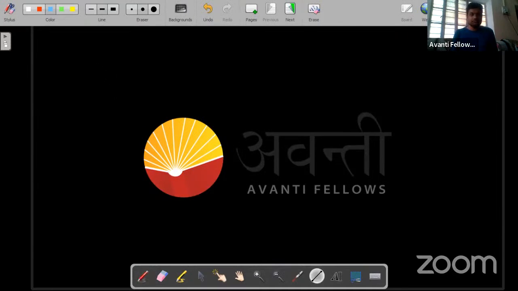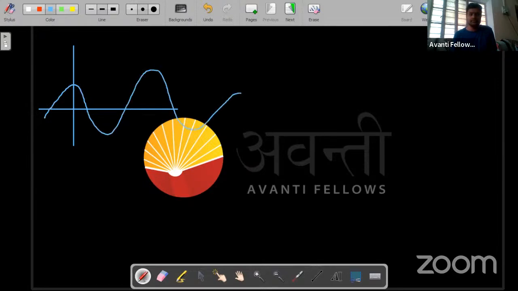Let's say this is my coordinate system, and I am drawing a graph randomly, on my wish, like this. Did I lift my pen while drawing this graph? Tell me yes or no. Did I lift my pen while drawing this completely from this point to this point?